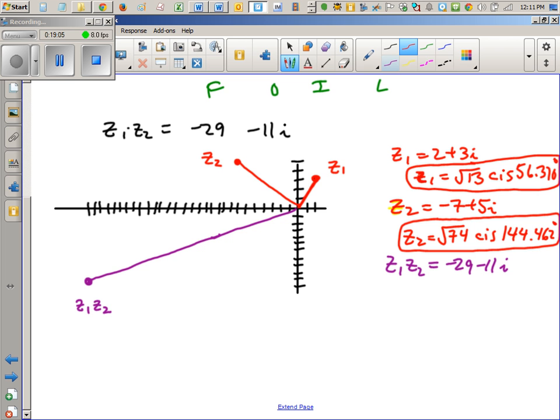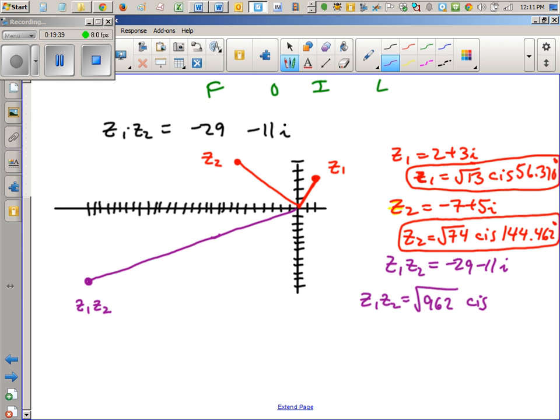And Caitlin's row, kind of a weird answer, but what do we get for our modulus? Square root of 962, cis and inverse tan. Now, do I add 180 on this one? Inverse tan, negative 11 over negative 29.